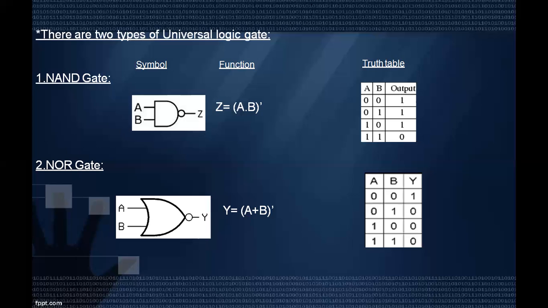And the same for NOR and OR gate. And here you have to keep in mind that NAND is nothing but not AND and NOR gate is nothing but not OR. The output value of NAND and NOR is just the opposite of AND and OR gate.